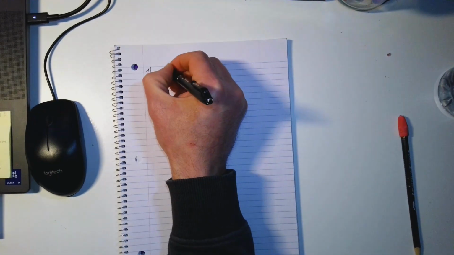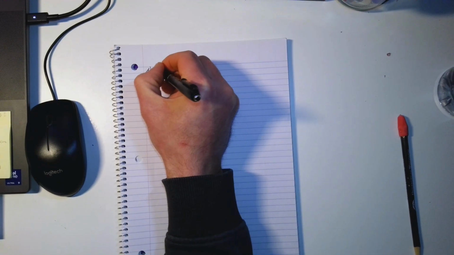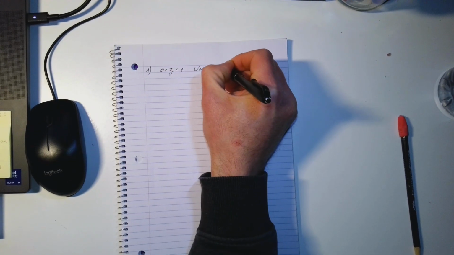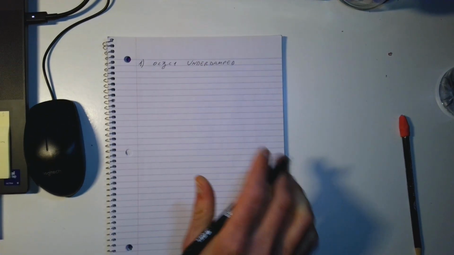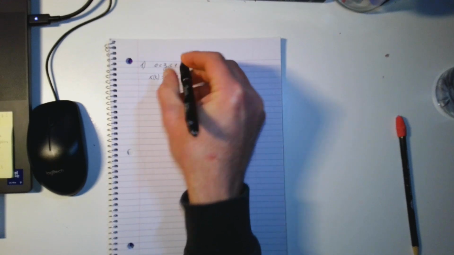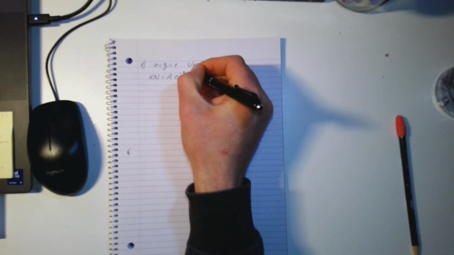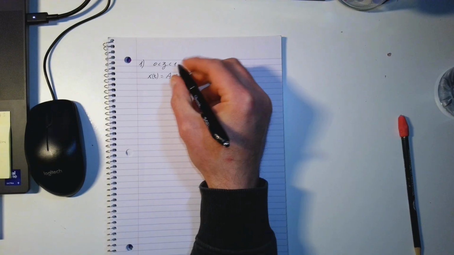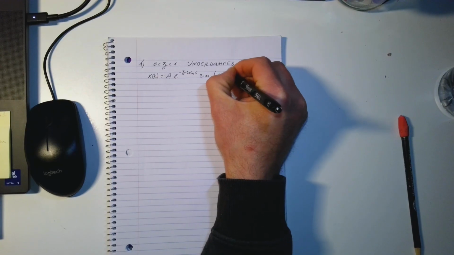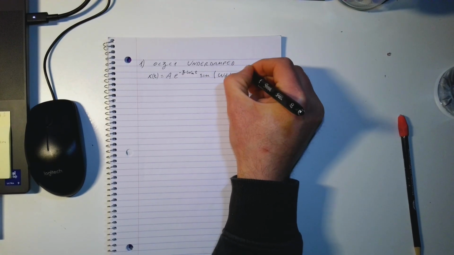So just to recall the case that we saw before, when we have underdamped motion, when zeta is between 0 and 1, the solution x of t looks like A e to the power of negative zeta omega n t multiplied by sine of omega d t plus phi.